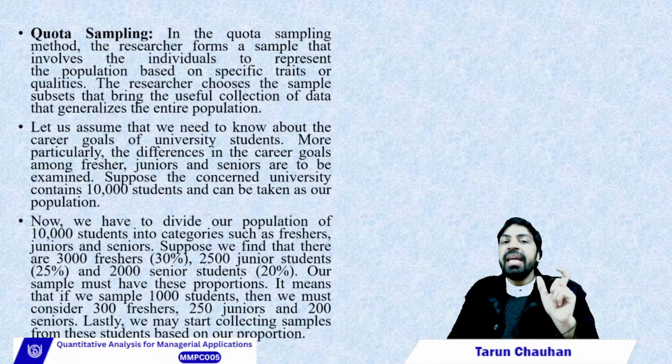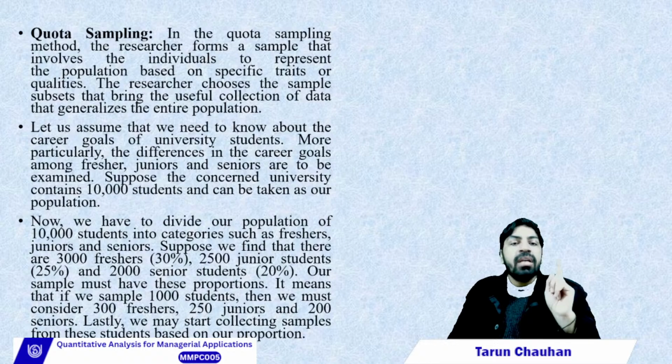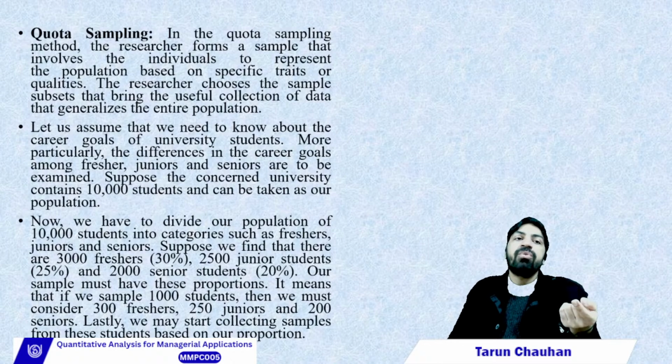So here we have divided the population based on the career goals of the university students, and that is called the freshers, juniors, and the senior students. And the quality of the population here is the career goals. So whenever you divide the population based on specific traits, factors, or qualities, it becomes quota sampling.